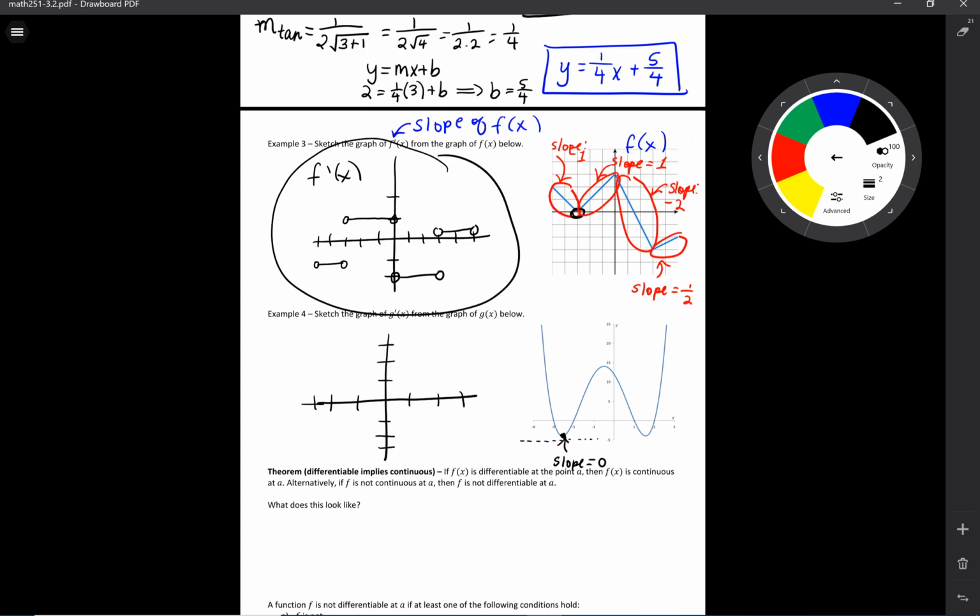So that's at -2.5. At -2.5, my slope is going to be 0, so my y value will be 0. I also have a slope of 0 here. If I were to draw the tangent line, it would be horizontal. So I have a slope of 0 at this point, which is like -0.5.